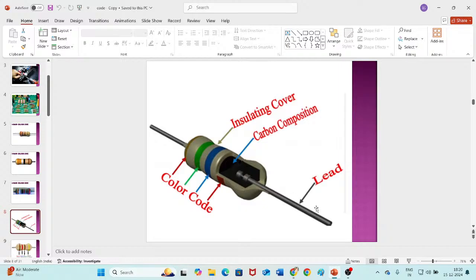You can see a thin wire or rod, that is the lead. And above the insulating cover, you can see the color coating. So this is our color coded resistor.